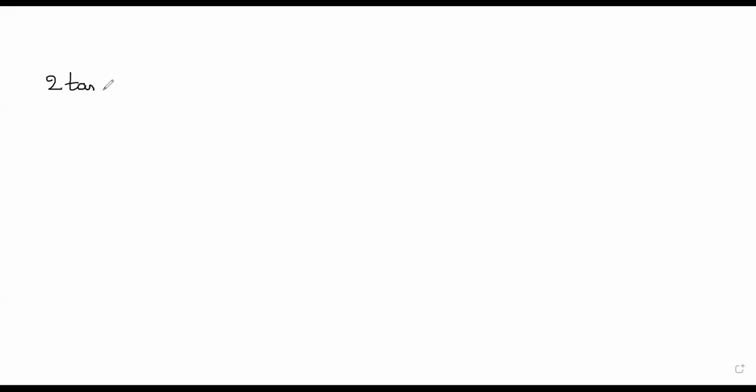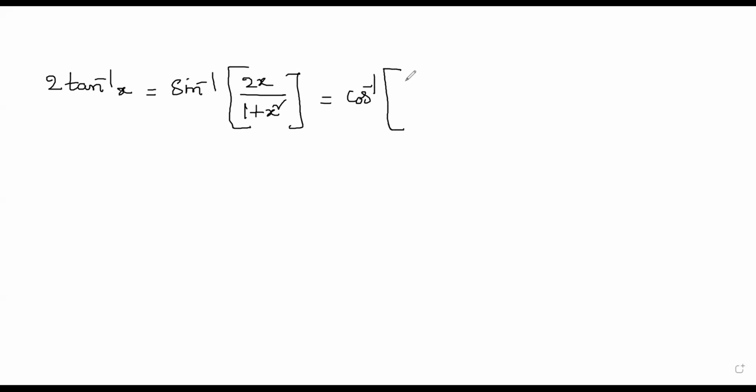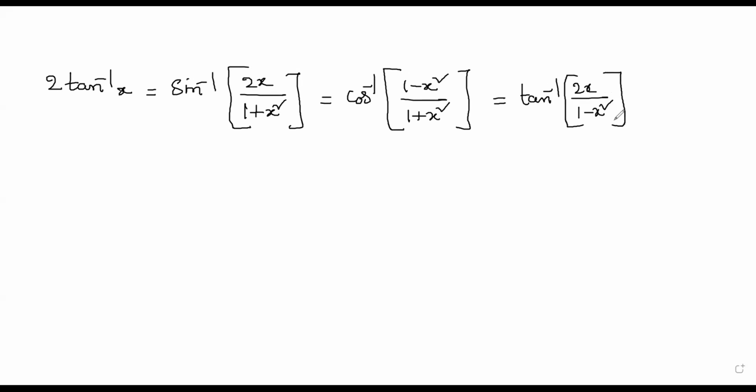So 2 tan inverse x is sine inverse of 2x divided by 1 plus x square, which is cos inverse of 1 minus x square divided by 1 plus x square, and then we have to show this is equal to tan inverse of 2x by 1 minus x square. All these things we have to show. So this is the task we have in hand.